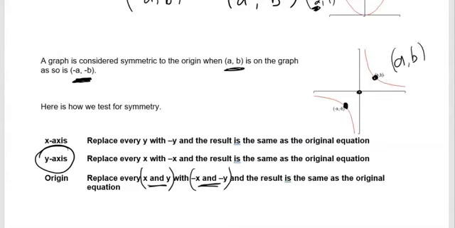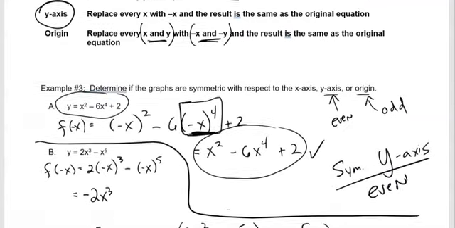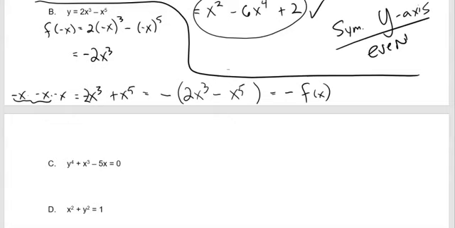What I ended up doing with that algebraically, I plugged in a negative input. And what was the result? I got the opposite of the original function, the negative of the original output. And that's going to indicate that it's symmetric around the origin, which means it's an odd function.